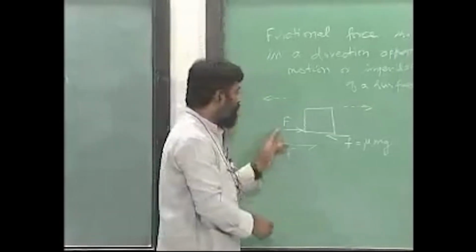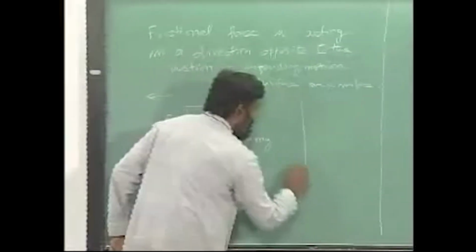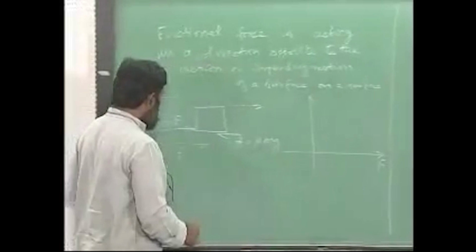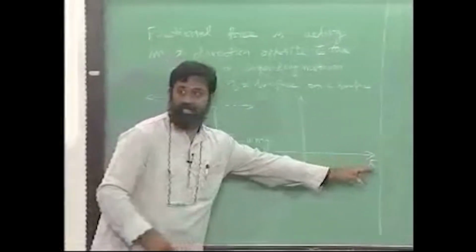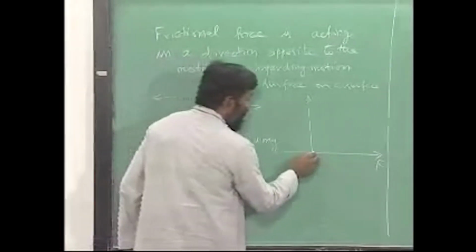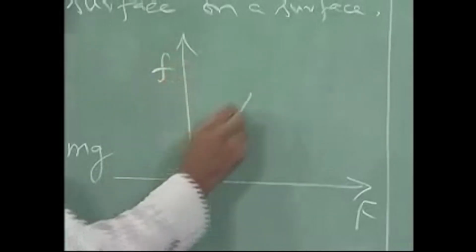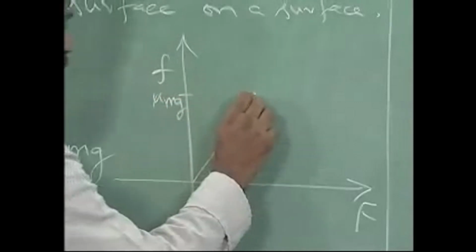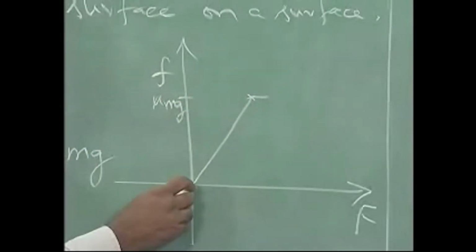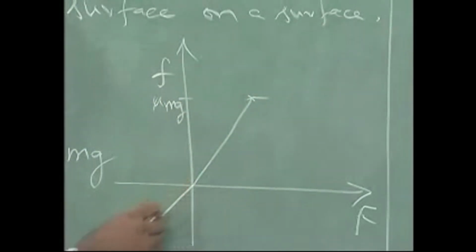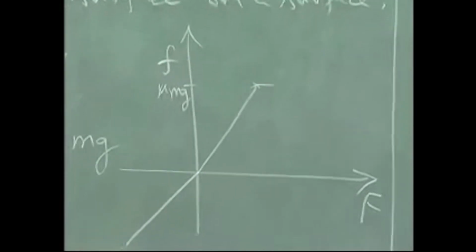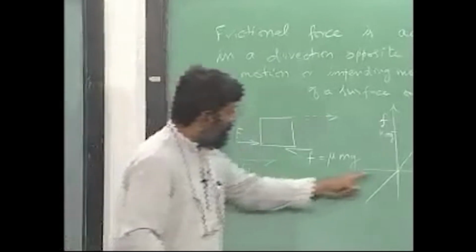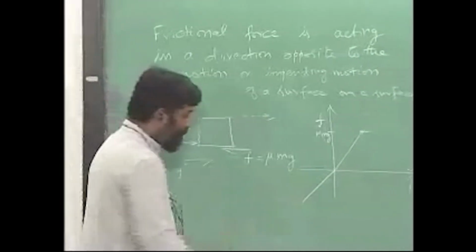So, if I plot this F versus the frictional force, when I am applying in this direction, let us say it is positive, it will keep on increasing, this is F till it reaches mu times mg, alright. Similarly, if I move in this direction, if the impending motion is in this direction, till the motion occurs, it will keep on decreasing.